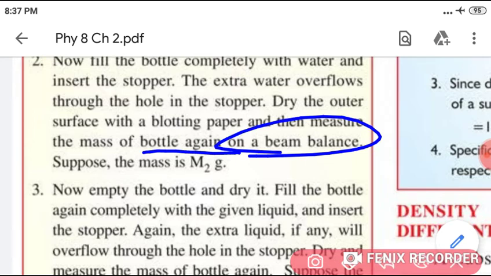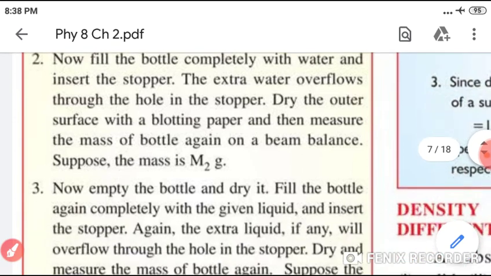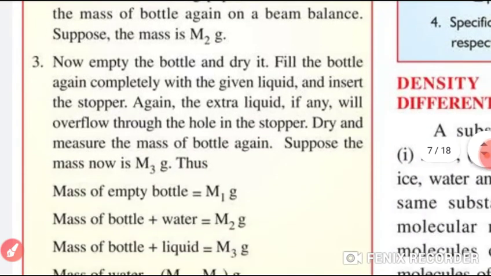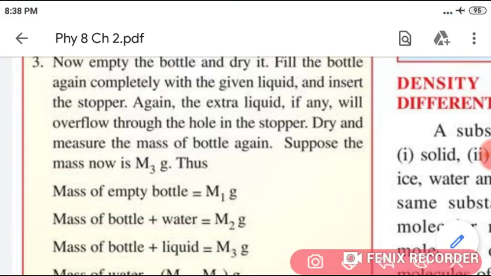Now suppose the mass is M2 gram. Okay, now you have to empty that bottle and again dry it. Now you have to fill the bottle again completely with the given liquid. Again you have to put the stopper. The extra liquid, if any, will overflow through the hole in the stopper.